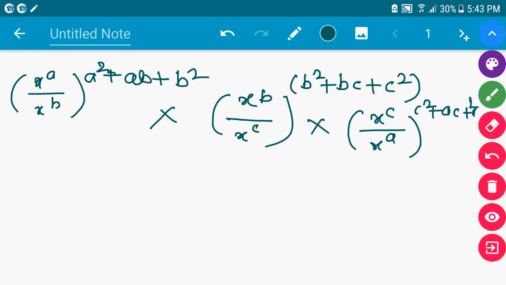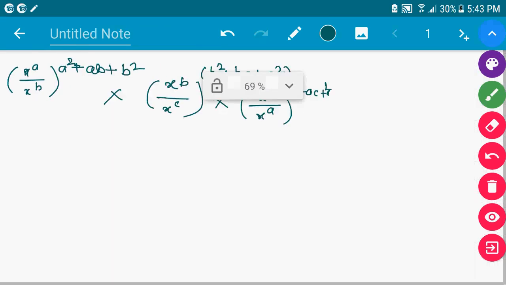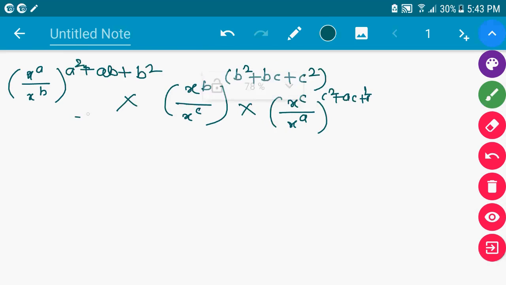Now we cannot solve this much big problem together at a time, so we will solve it in parts. So how are we going to part it? This whole portion we consider as A. The first multiplier is considered as A, the second multiplier is considered as B, and the third is considered as C. Now see, what is our A?